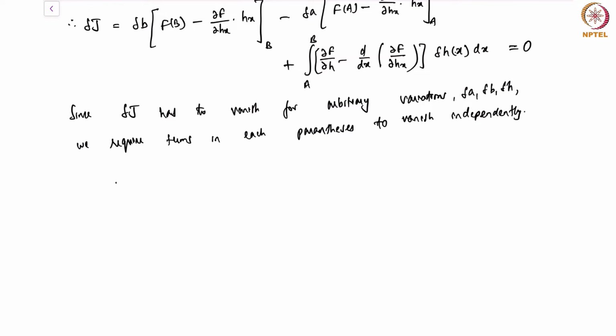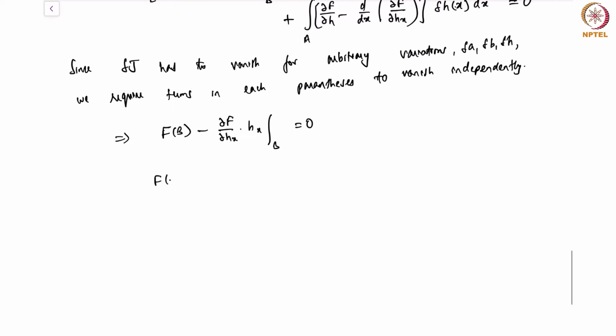So in other words, we have FB minus del F by del HX times HX at B equals 0, FA minus the partial derivative of F with respect to HX times HX at A equals 0, and finally we have del F by del H minus d by dx of del F by del HX should also be identically 0.